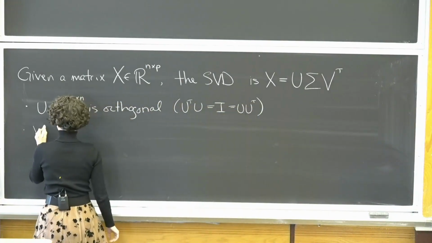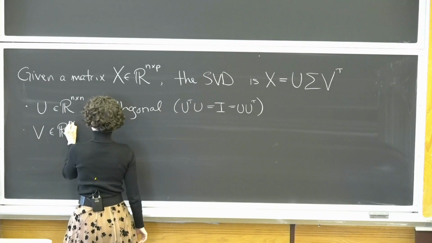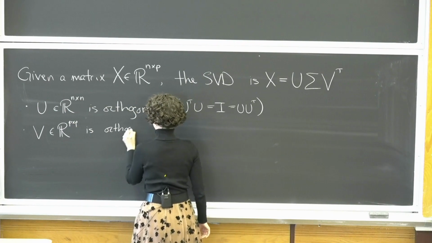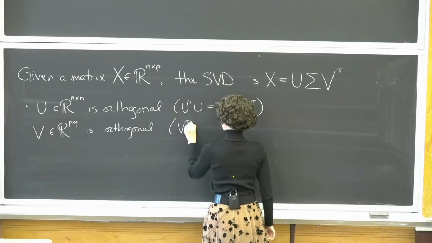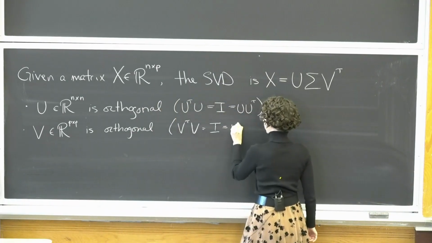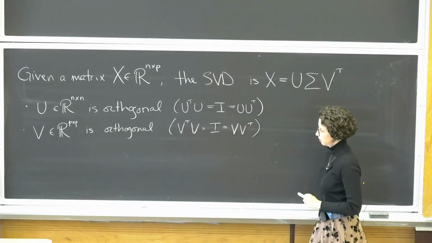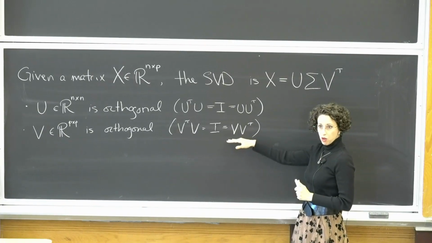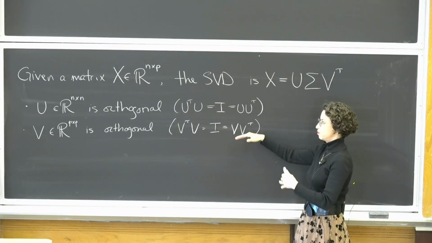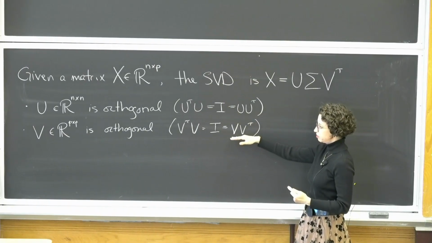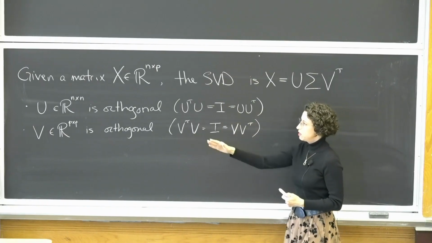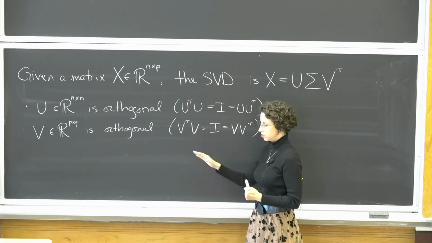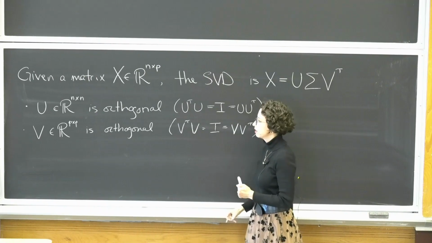Similarly, V is a square matrix. This one is p by p, and it is also orthogonal. So V transpose V is equal to the identity, and here it's equal to V V transpose. So this is going to be an orthonormal basis for the space of all p-dimensional vectors. And in fact, the V1 that we talked about before is going to be the first column of this matrix. I'm going to talk about that in a little bit more detail in a second.